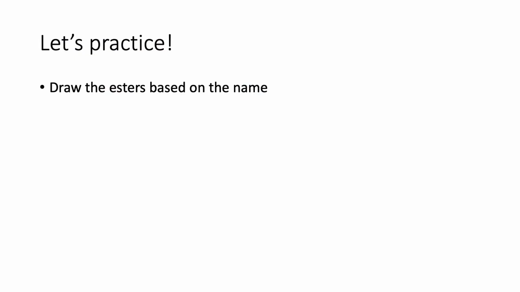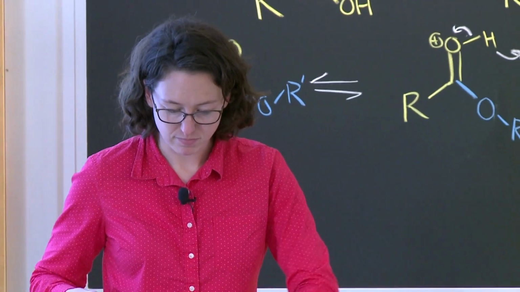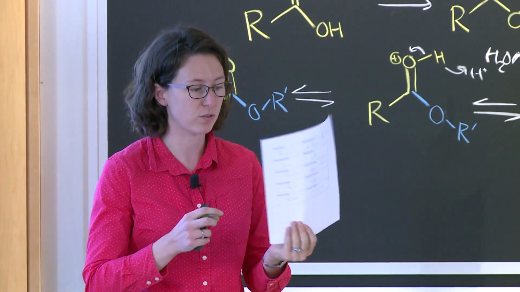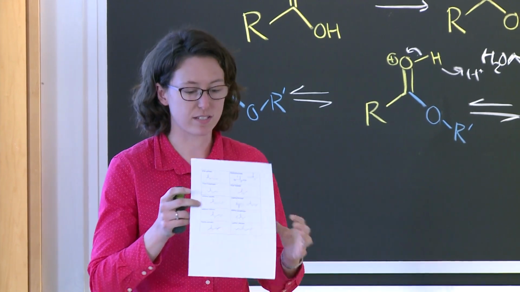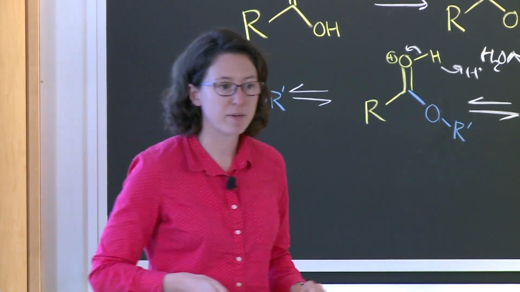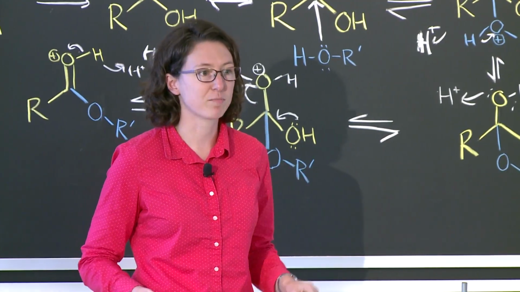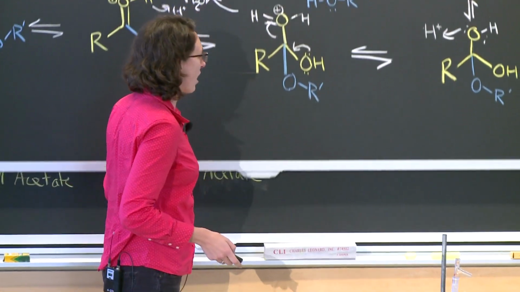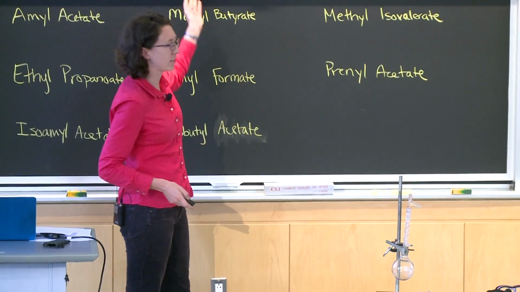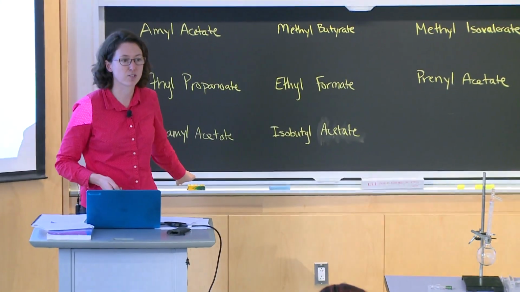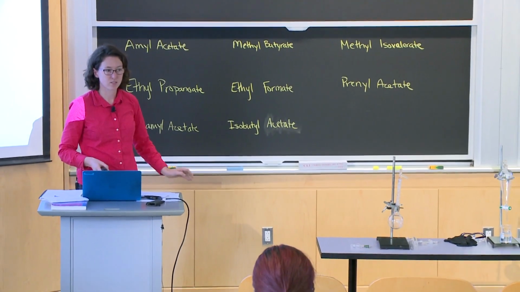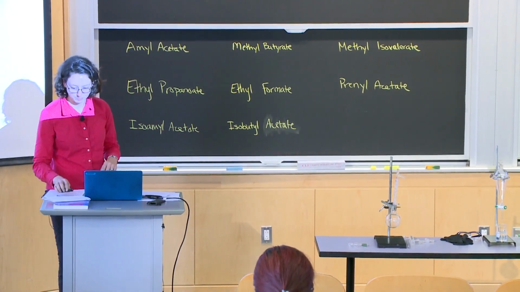So if we want to take a moment and practice naming these esters using the information in the past 2 slides that you should have on your PowerPoint handout and the structures on the back of here, you should be able to draw the structures of all of these different esters. So take a moment, do that, and talk with your neighbors, work it out, ask your TAs if you're back there. And then I'm going to have people, when you are confident that you know the structure of one of these, come down here and draw it, please. So I'll give you a couple minutes to do that.